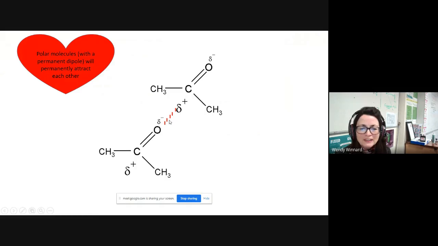And you know that these dipoles exist, these polar bonds exist, because of a difference in electronegativity between two atoms. So this molecule has a dipole, so we say it's polar, and this other molecule has a dipole, and that's polar. So they permanently attract each other.